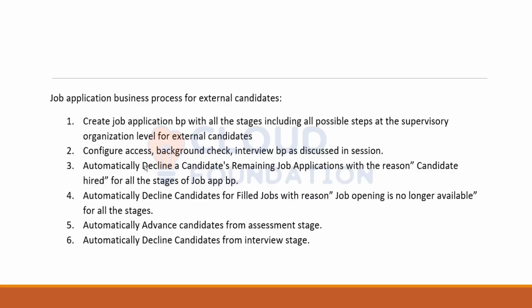And also one more thing, in the hire BP, I don't think it is available in the tenant. Just check it. You have to attach one sub process as the last step for the hire BP, to decline the candidate's remaining jobs. Sorry, Shilpa, I did not get that. When we were executing this particular feature, let me go back.